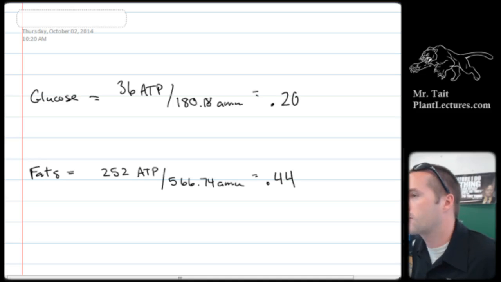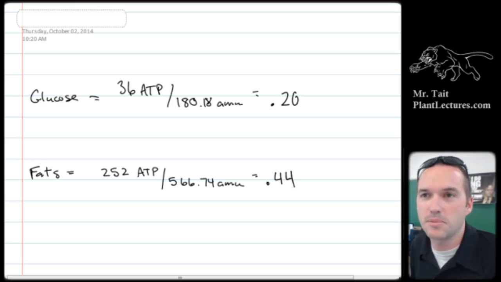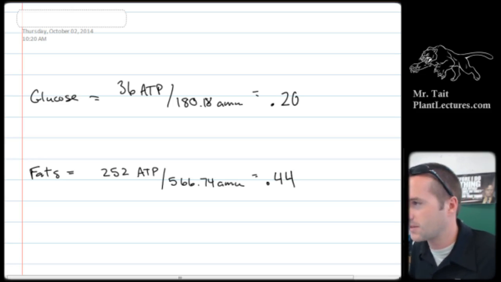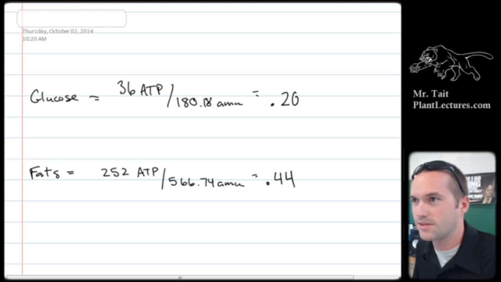So over twice as dense, but still not as much as it seemed. It seemed like it was 100 times as dense or something like that, but it's not. It's twice as dense.